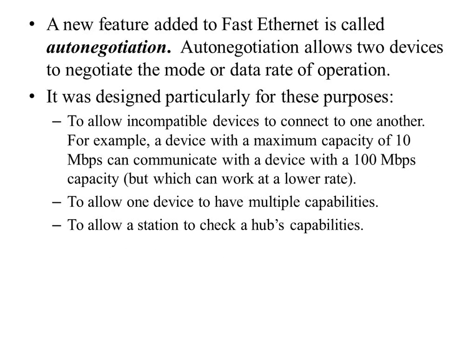One more feature added to fast Ethernet is auto negotiation. Auto negotiation means, as we have already discussed, there are two devices, one of standard Ethernet and the other of fast Ethernet. If they are in the same network, they should be able to communicate with each other.